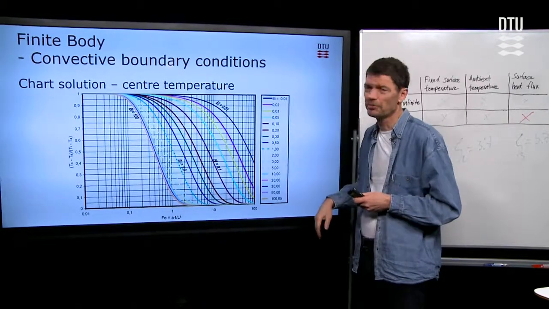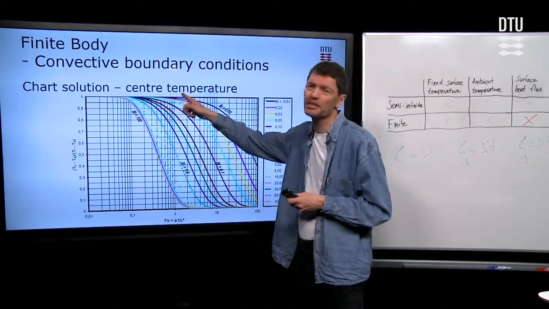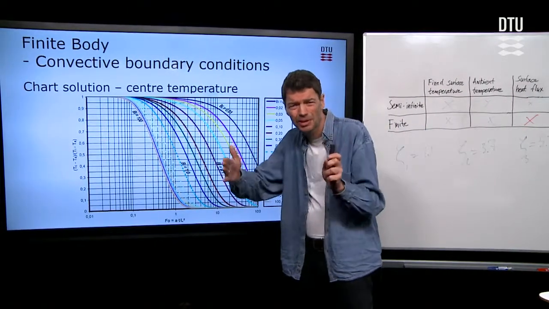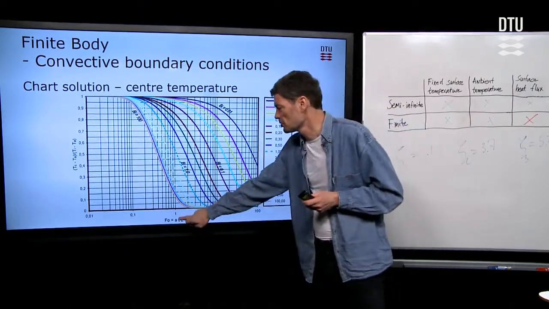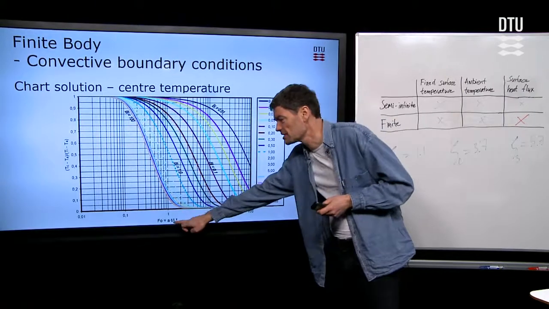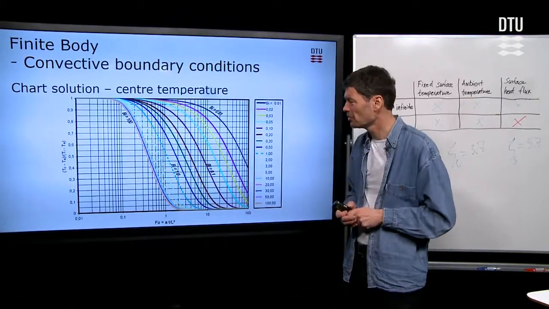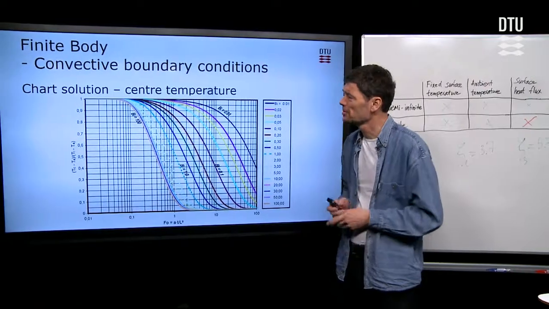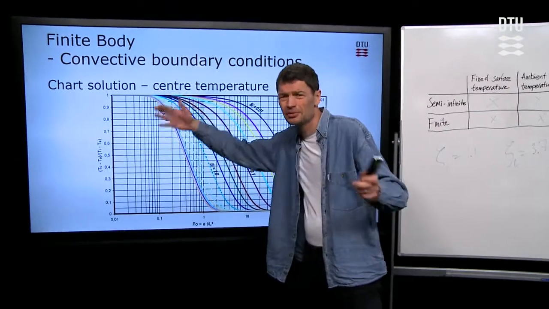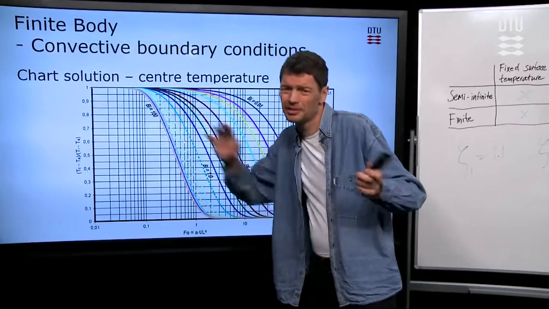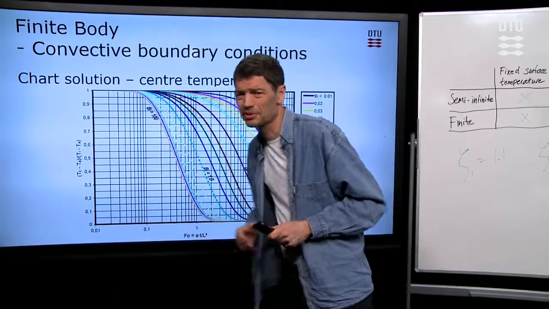So with a proper curve representing the Biot number, you can go in here and find the center temperature, that is the temperature in the middle of the body that you're calculating for. On the abscissa, you should insert the time as a Fourier value, according to the definition of the Fourier number. And then you can find the temperature in the center as a relative temperature compared to the temperature in the ambient air and the initial temperature we had in our body. That will give us the center temperature.